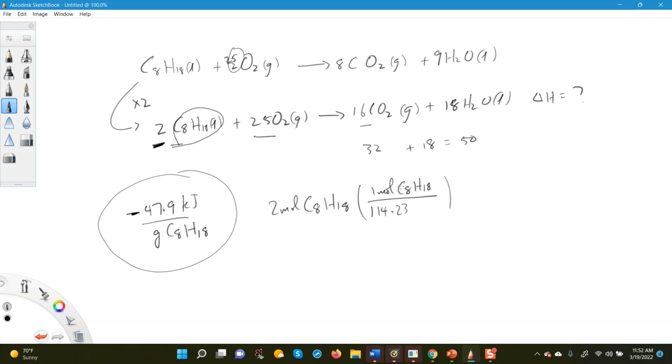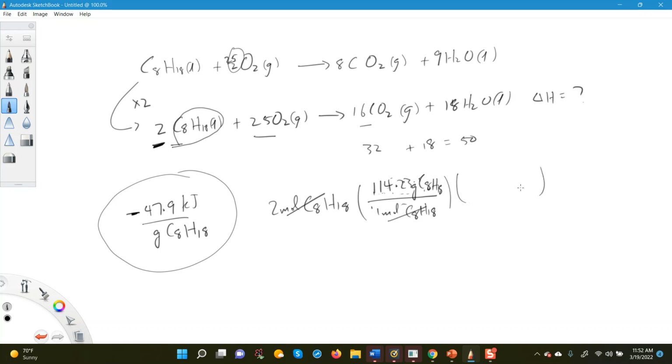Oh, by the way, this is incorrect, the way I set it up. So let me correct that right now. So let me erase this here. The 114.23 should go above. So let me go back to my pen function. So it should be 114.23 grams of C8H18. And here we're going to have 1 mole of C8H18. All right. And then what we have calculated so far would be the grams of octane.